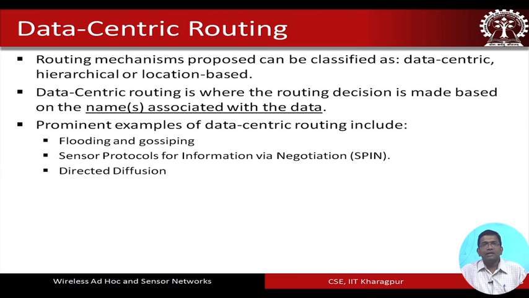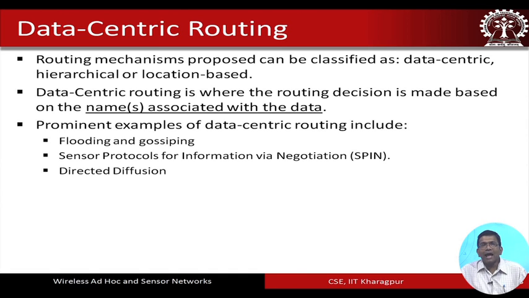So, what the data centric routing protocols attempt to do is harness the names that are associated with the data and use them for making the routing decisions, and not go by specific addresses like the IP addresses associated with the different nodes.